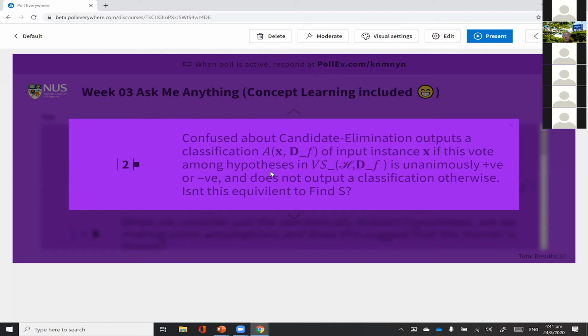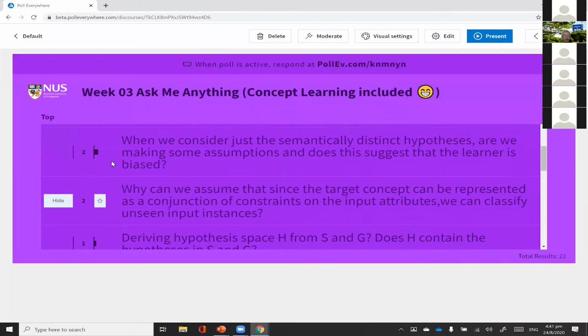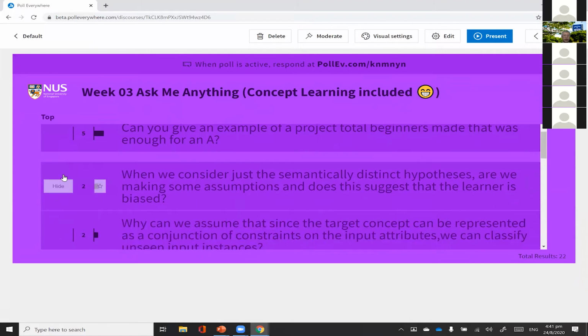But we can't say this overall, right? When we say consistency, we basically mean accuracy on the training data, right? Whether we get the same output on the training instances as what we had access to when we were learning the concepts, okay? So hopefully that answers this question, okay?